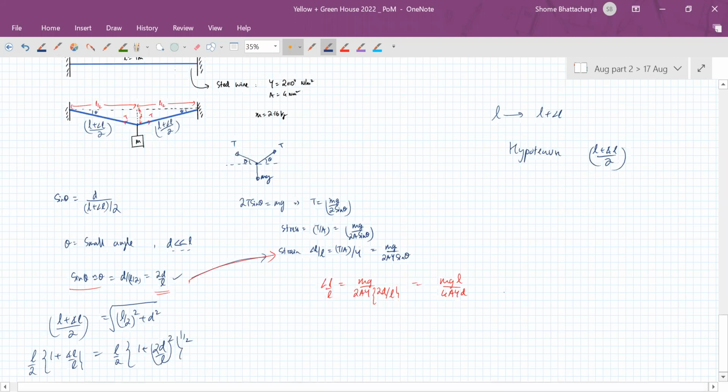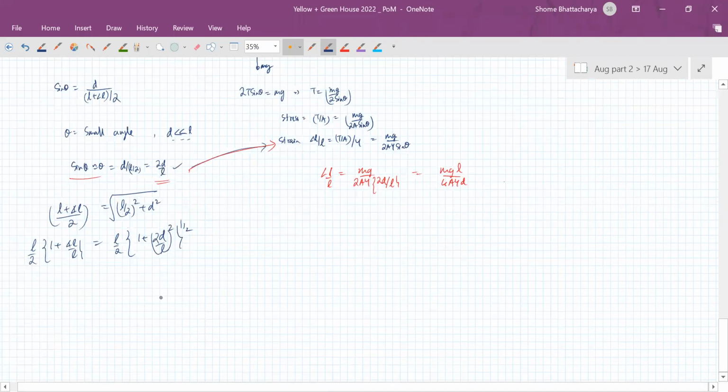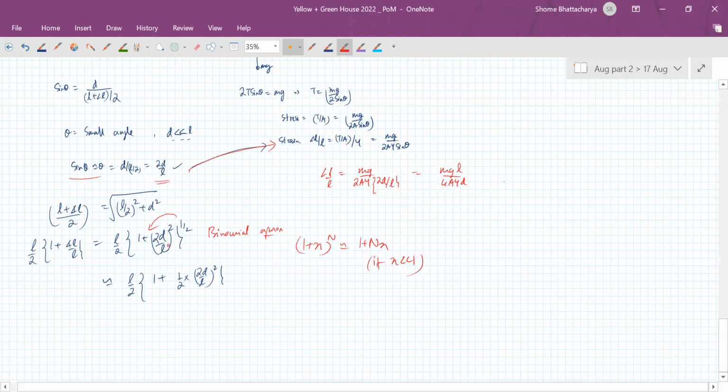This is where we'll apply binomial approximation. This can be approximated as 1 plus half into the power comes inside. Binomial approximation: 1 plus x to the power n is approximated as 1 plus nx if x is very small compared to 1. Here you can see that 2d by L whole square is very small compared to 1.